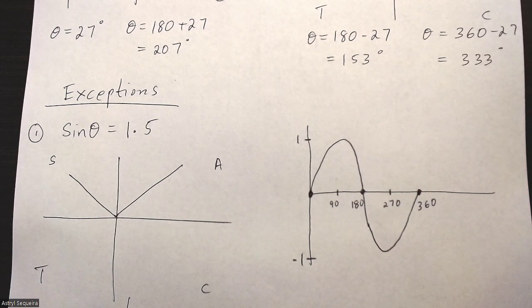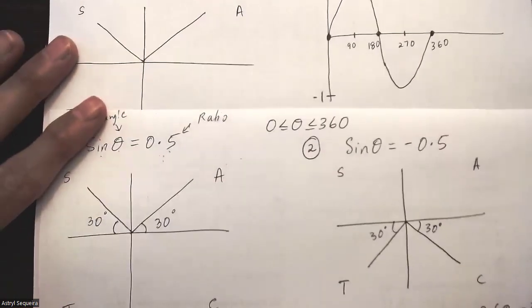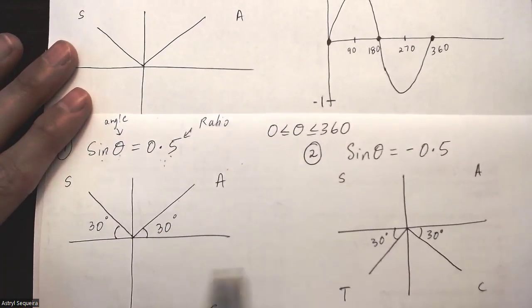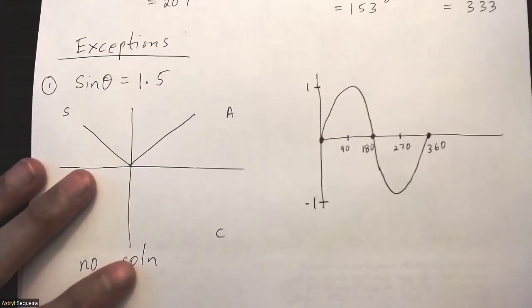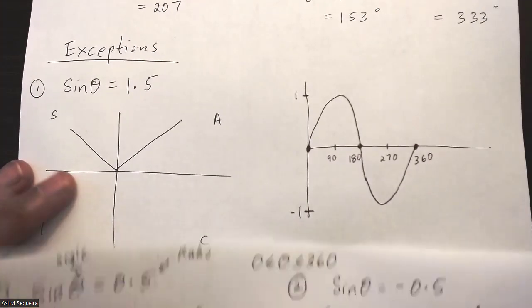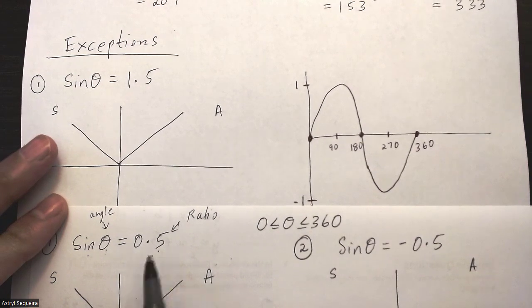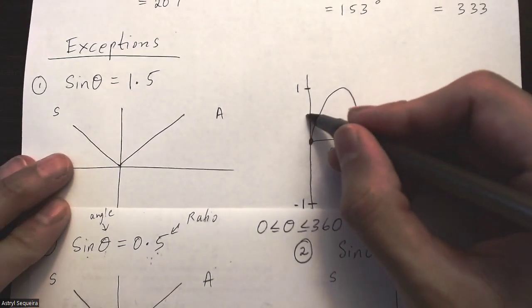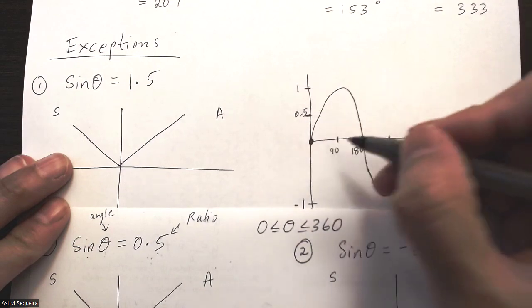So let's think about all the sine questions we've done up till now. Basically, the first two examples that I showed you right over here. I'm going to explain them through the graph. So the first example we had was sine theta equals 0.5. 0.5 is approximately over here, halfway between 1 and 0.